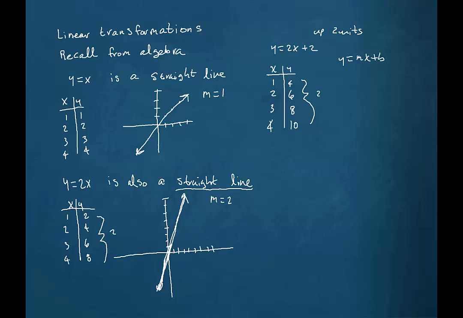So we're going to have the dot 1, 4 rather than 1, 2, and then the dot 2, 6, and on up like this. So this graph is going to have the same slope as the previous graph. It's just shifted up 2 units.